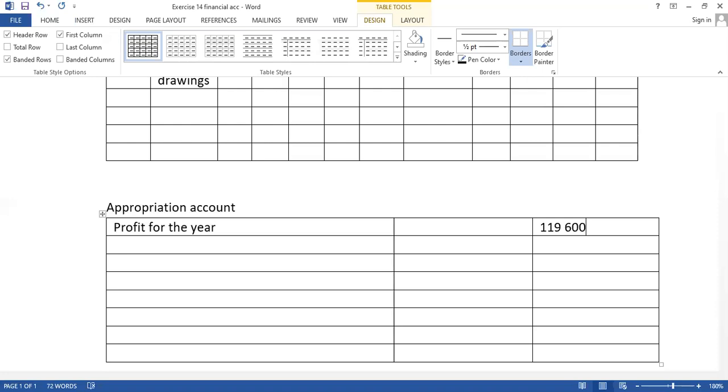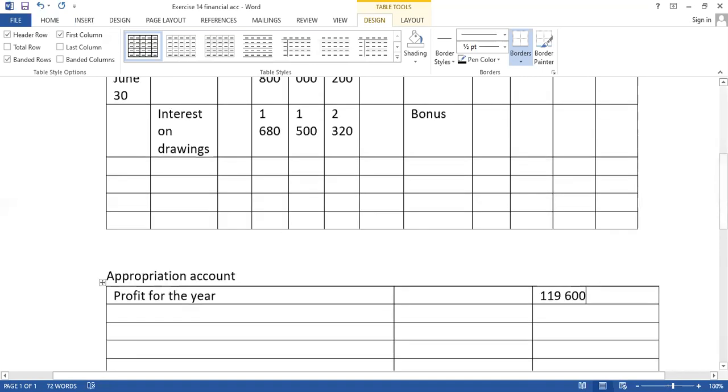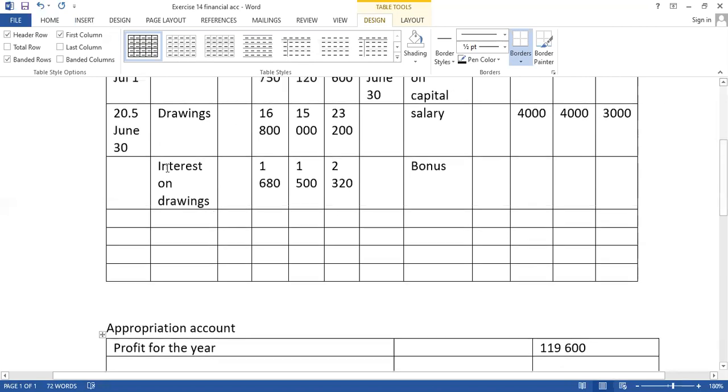The transactions that increase the profit are those in cases where a partner has to pay a certain amount to the partnership. In this case, we only have interest on drawings. Please take note that we do not record drawings in the appropriation account. Why?